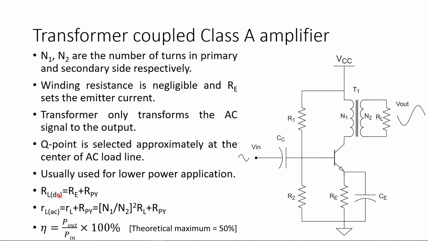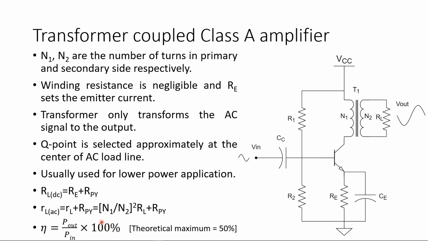The DC resistance means the primary winding resistance plus the emitter resistance, which gives you RL DC. For RL AC, this RL load will be reflected towards the primary side by using this formula, as you can see. RPY is the primary winding resistance and RL is the reflected load.